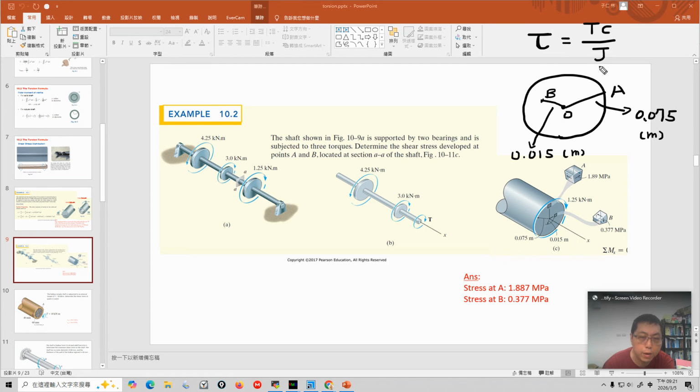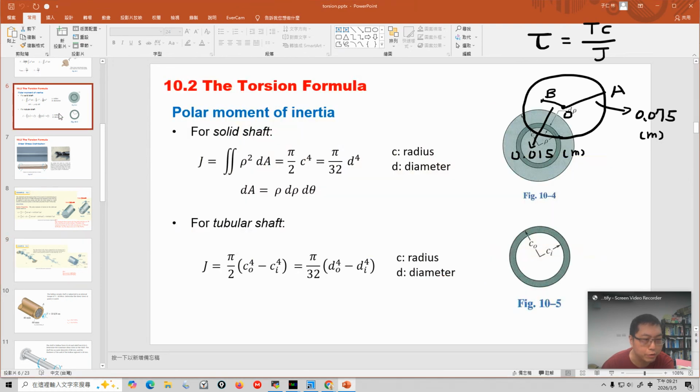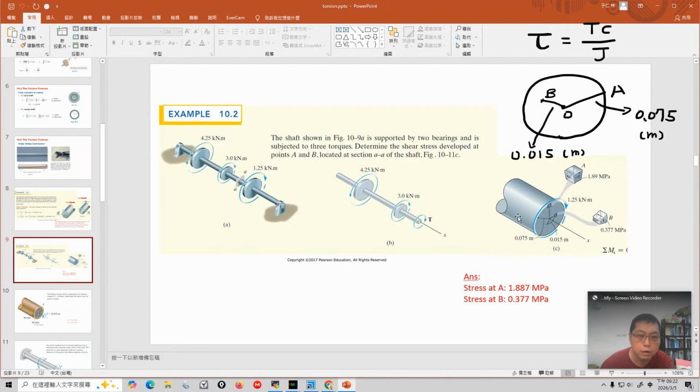And what is J? J is the polar moment of inertia, the polar moment of area. This shape is a solid.